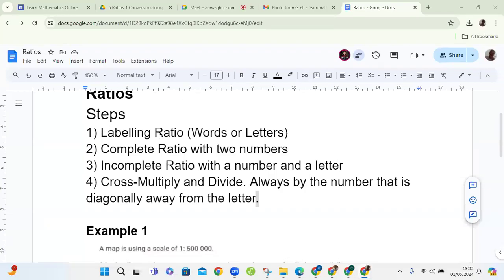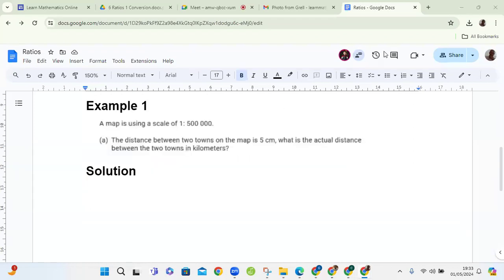Step number 1 says you've got to have a labeling ratio, words or letters. Here, we're talking about the map and the actual distance, okay? So our labeling ratio is map to actual distance. That's the first step. So write this down.